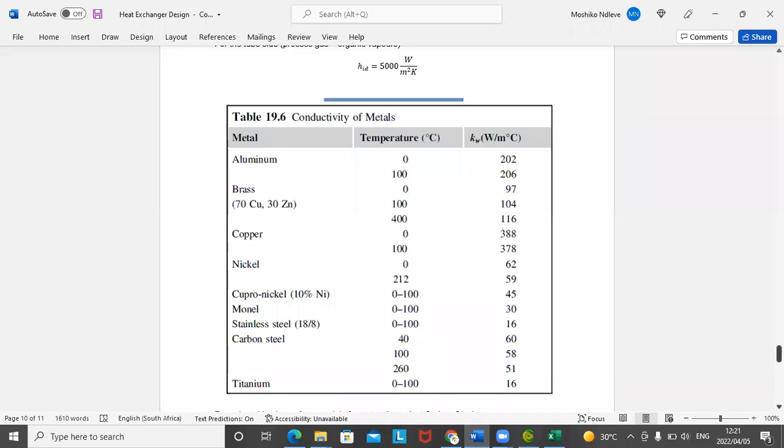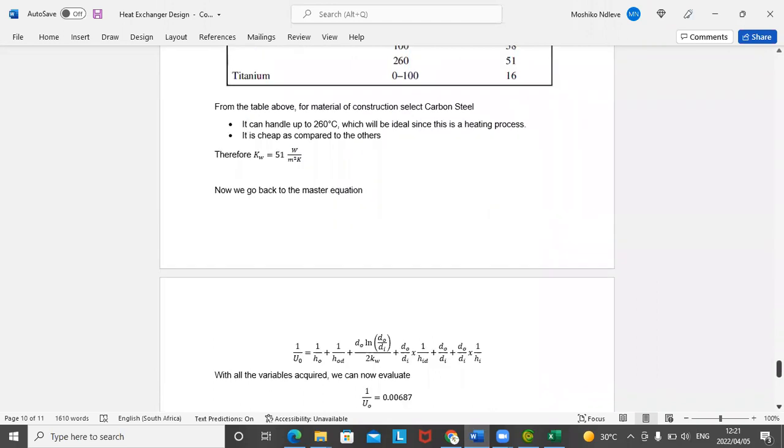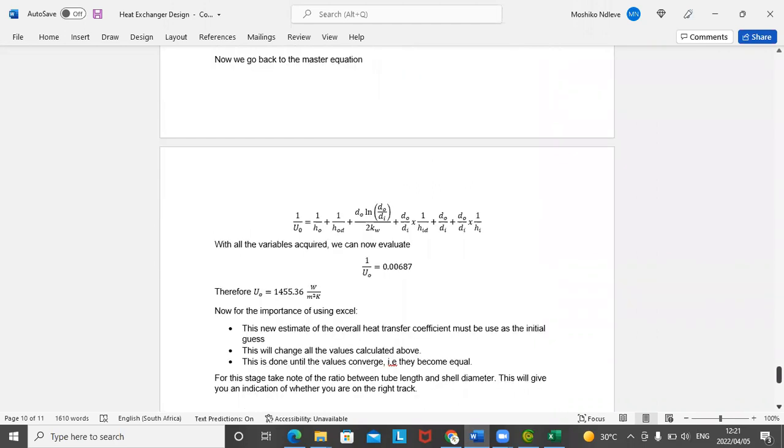And one challenge that I put in for you is that you'll be able to put in your new value. This was based on that particular estimate value that we have, but you'll be able to calculate your final U value. And in our case, it was 1,200. And then what I have here is just a few notes for you, for example, the importance of using Excel, especially when it comes to iterations.